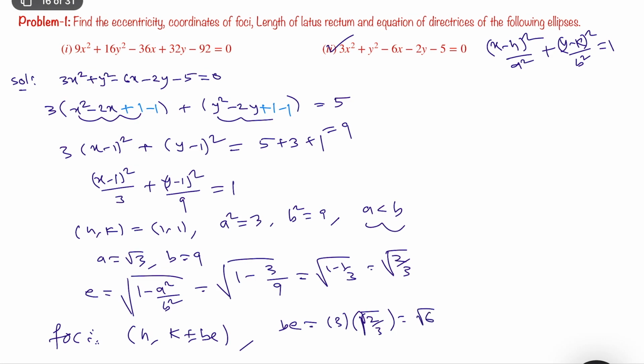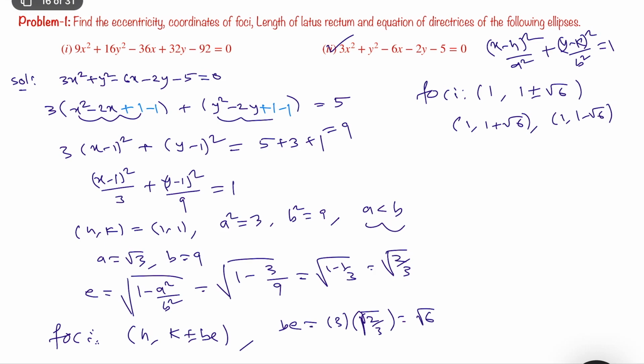So be is going to be root 6. So the foci coordinates I can write now. What is h here? 1, comma, k also 1, plus or minus be, we got root 6. So we got 1 comma 1 plus root 6, one focus, 1 comma 1 minus root 6, another focus.